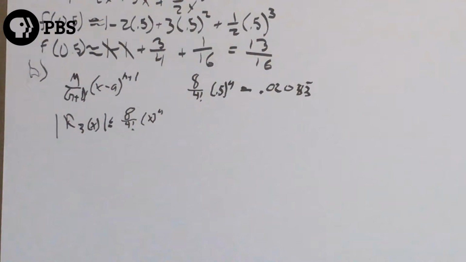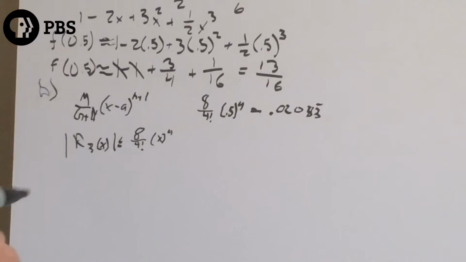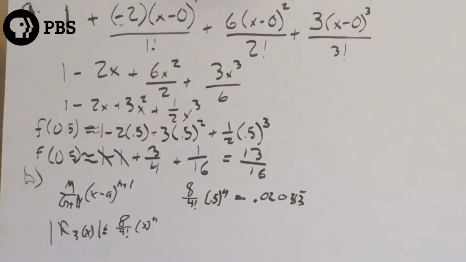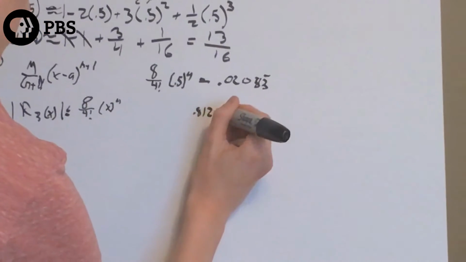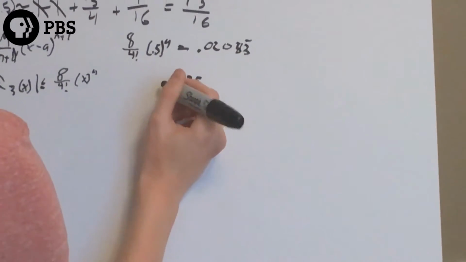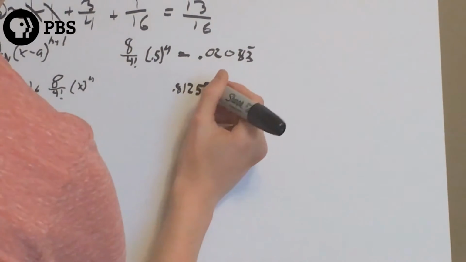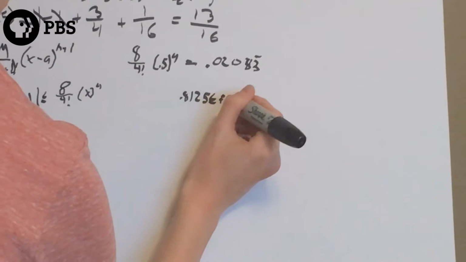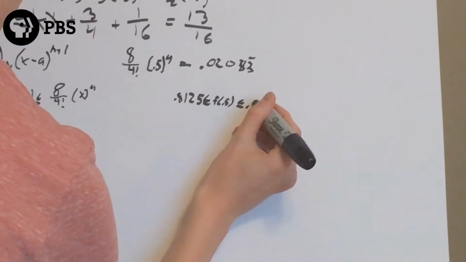And now for the second part of the question, we're going to look back at our answer from A. Since we know that's 13/16, which comes out to about 0.8125, that is what we're going to base our error bound on.